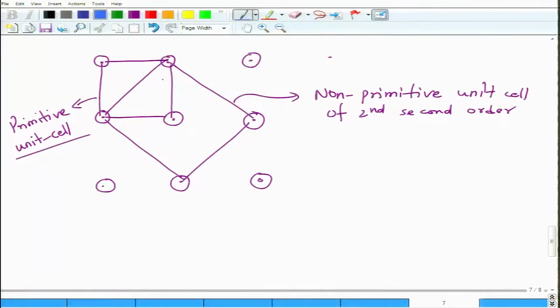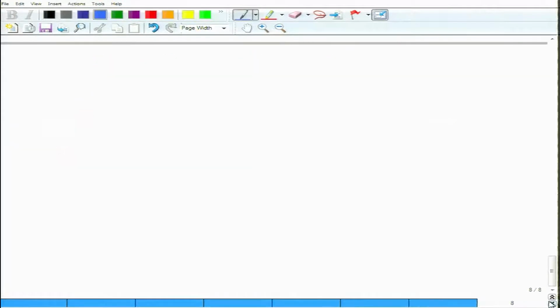The area or the volume of a non-primitive unit cell is the number of atoms multiplied by the area or volume of the primitive unit cell. So, you can see that here V_NP will be equal to twice of V_P, all right. So, I can give you a little bit more difficult example.